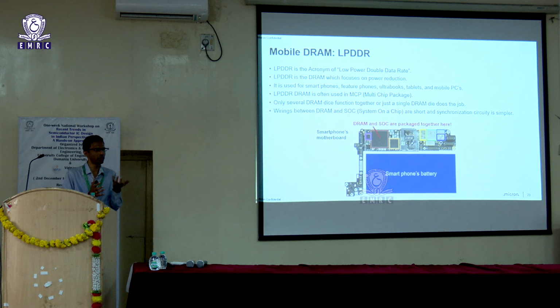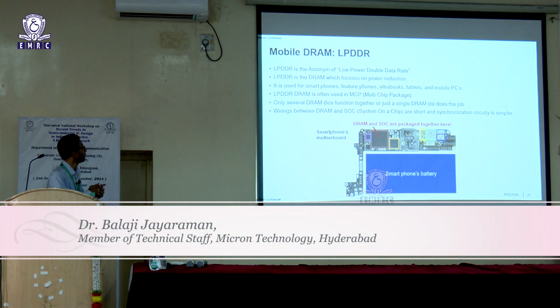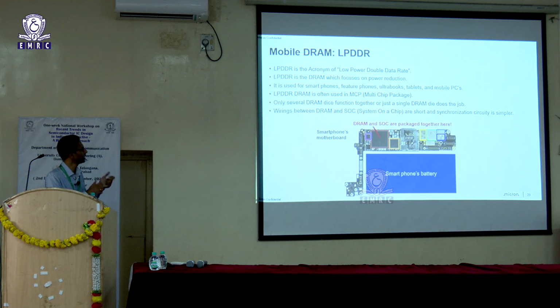You want your mobile phones to hold the charge at least for a day or so, and since DRAM is one such device which sinks a lot of power, you need to ensure that it's not as power hungry as the other components within your PCB.